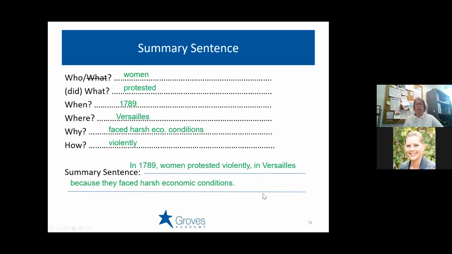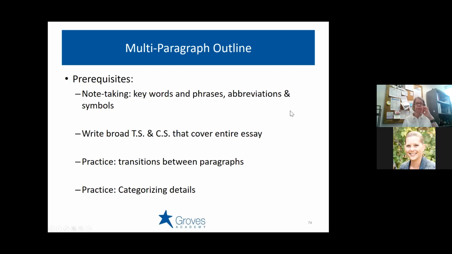Why? Because they faced harsh economic conditions. Boom. That's very efficient and a really great sentence to boot. And you've scaffolded that. Rather than writing an entire paragraph, it's a great way to write a very tight and well-worded summary sentence.